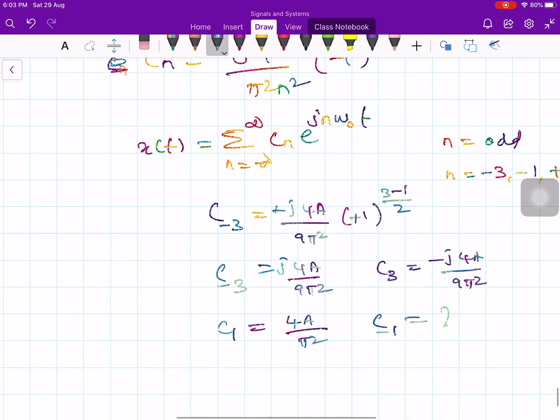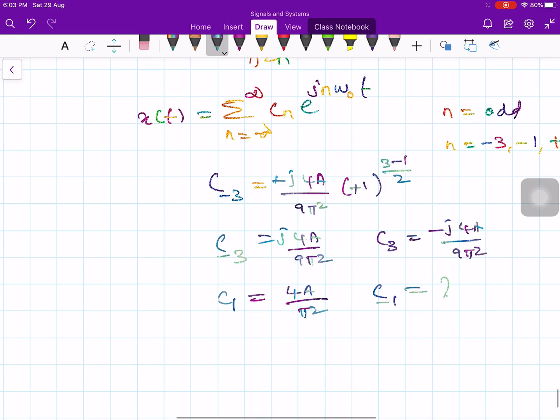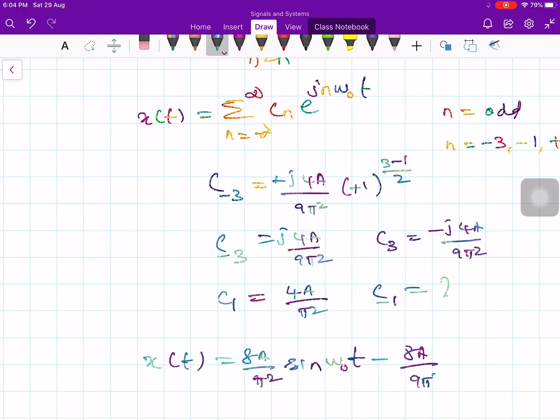If you substitute all the values in the above expression, then x of t is equal to 8a over pi squared sine of omega naught t minus 8a over 9 pi squared sine 3 omega naught t plus and so on, dot dot dot.